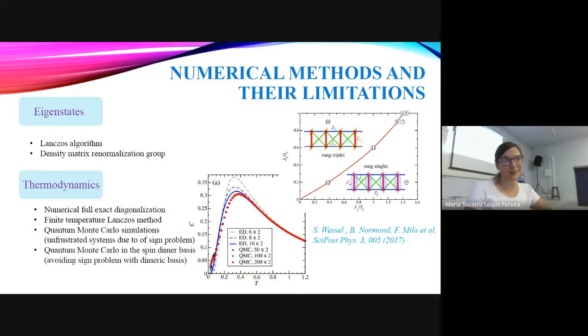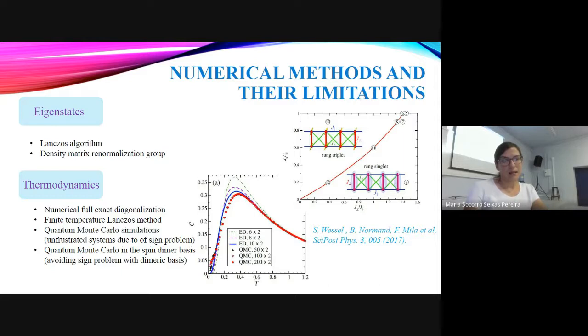This is like the Avogadro constant, 2 to the power of 23. The other method which one can use is density matrix renormalization group, which can be used for larger system sizes, but it will not be exact anymore.